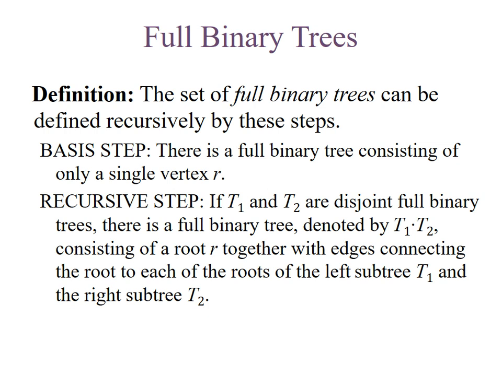So if you compare this definition to rooted tree, in this case we only have two disjoint subtrees, T1 and T2. So maybe you can consider this a special case of rooted tree, because we only have left subtrees and right subtrees. We don't have T1, T2 to Tn, only T1 and T2. So that is a special case of rooted tree.